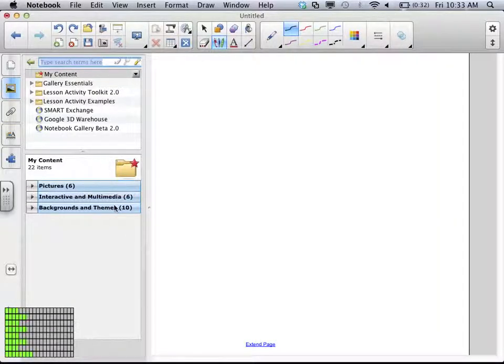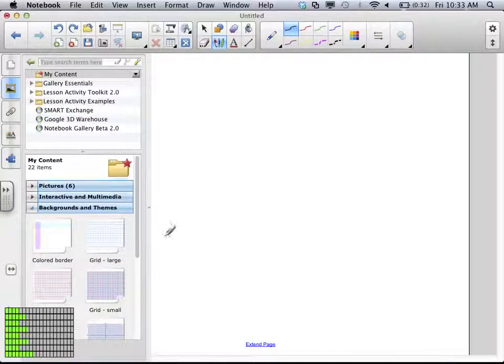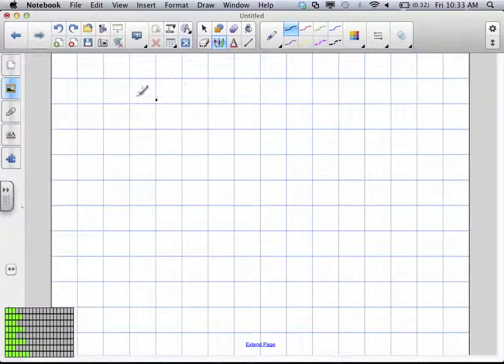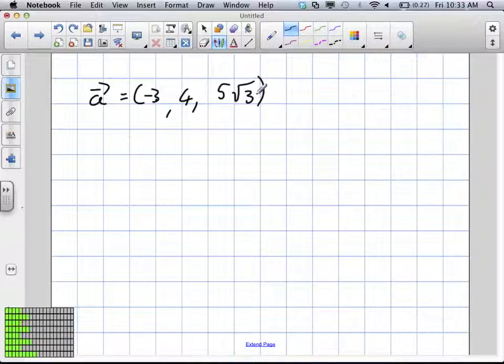So, example number 2. There you go. It says for vector A, vector A is -3, 4, and 5 times root 3. And vector B is -2, 2, and -1.